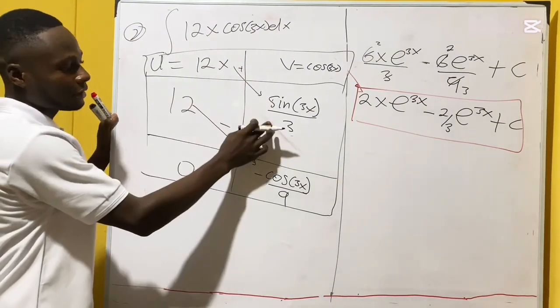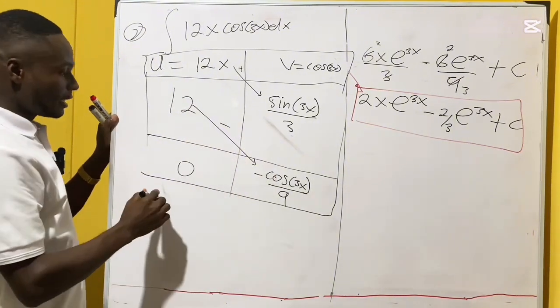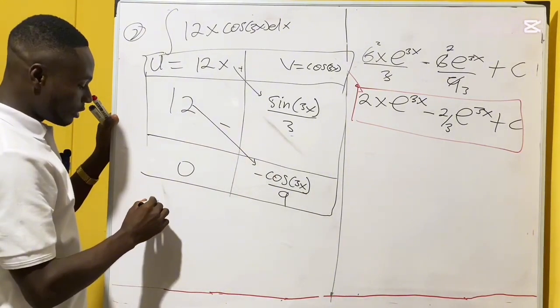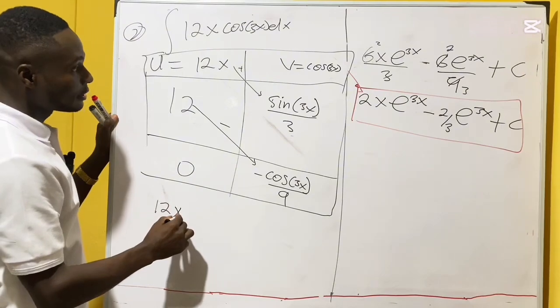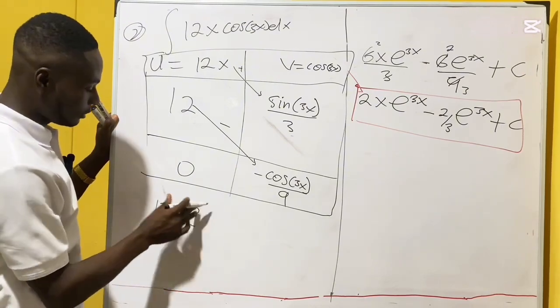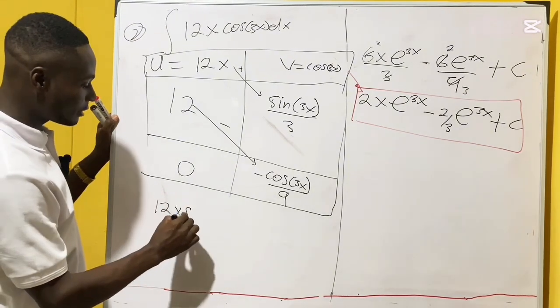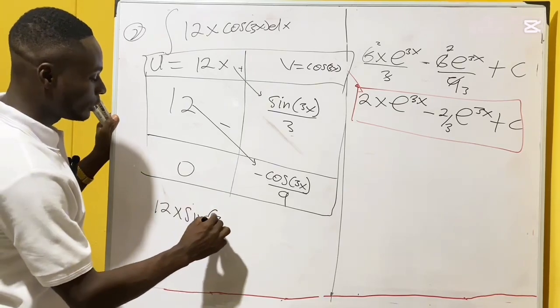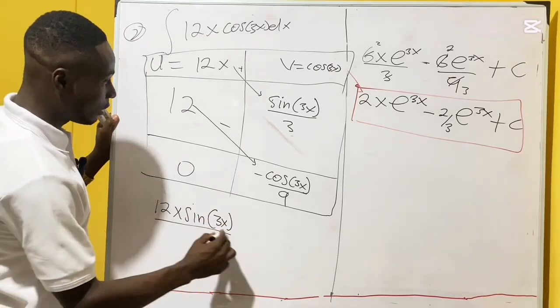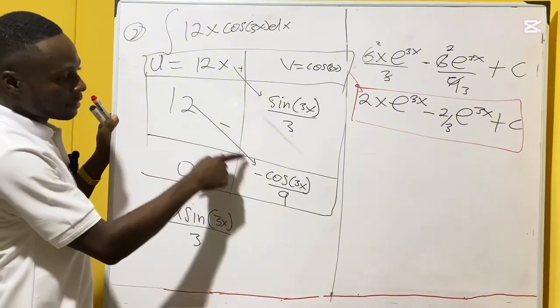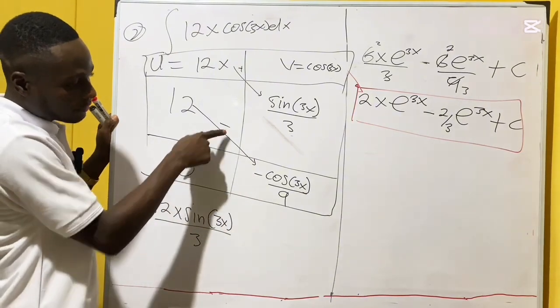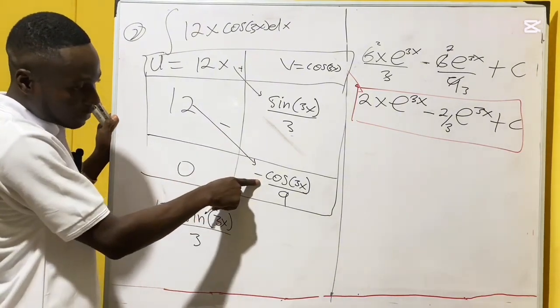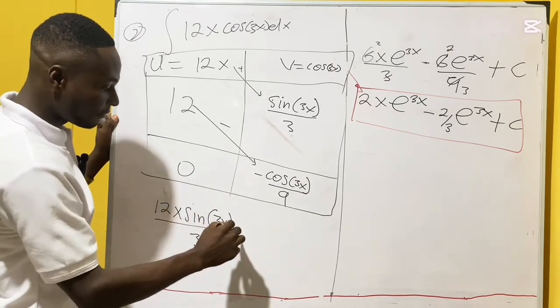So this times this, and then you have positive 12x sine 3x all on 3. Then this times this. Of course, you have negative here, and negative 2 is here, right? So you have to be very careful with the signs.